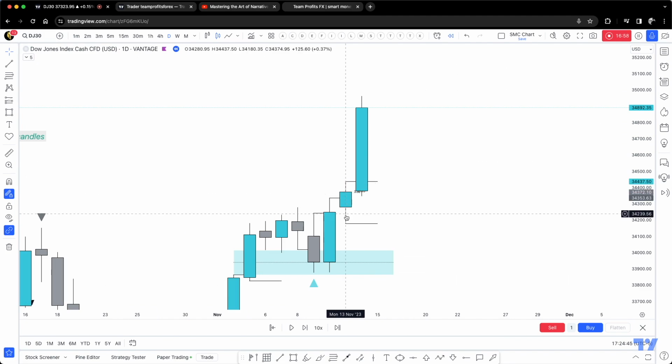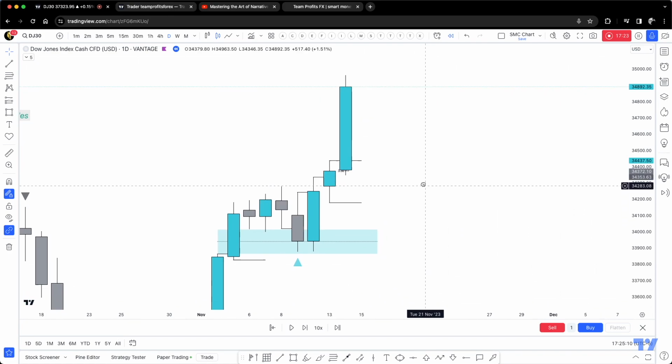And within this range, if you know how this daily candle closed, you can kind of anticipate where the price is going to go next. Where? Up, right? So that's your daily bias? Bullish. It means that this day you should be looking for buys, ignoring potential sells. Why are you ignoring sells? Because there's no reason why price should go here. I mean, probabilities are telling you, based on this concept, right?